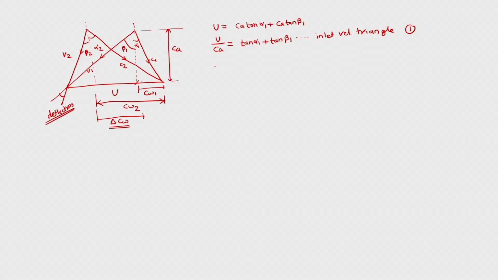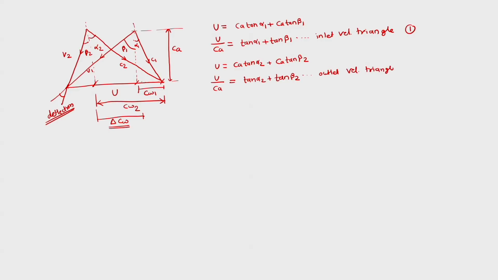Having said this, from the outlet velocity triangle we can also write U is equal to CA tan alpha 2, which is this length, plus CA tan beta 2, this length. So we have U upon CA is equal to tan alpha 2 plus tan beta 2. This is from the outlet velocity triangle, and we make it equation number 2.